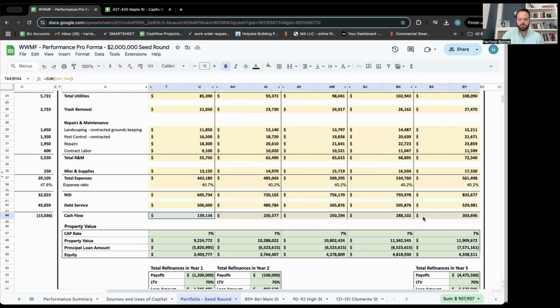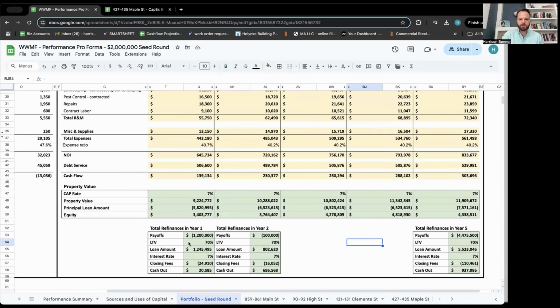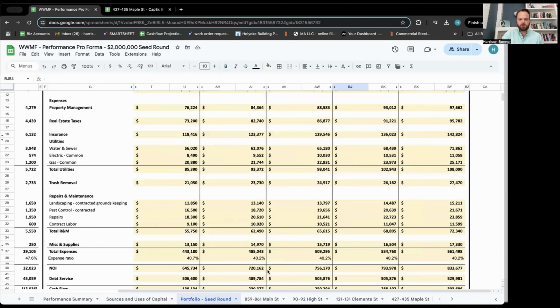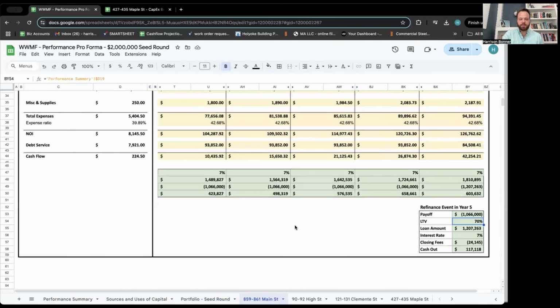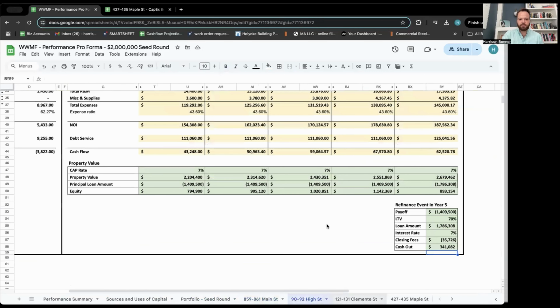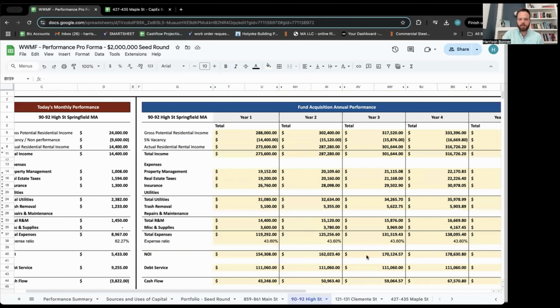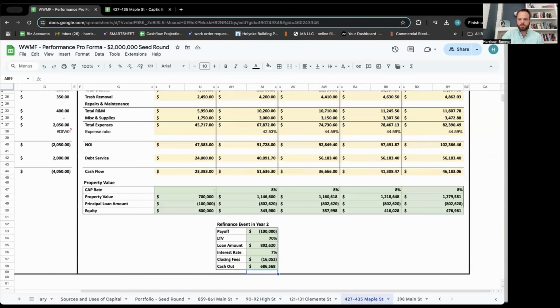They go back to that portfolio summary tab. And then property values, refinances, and the years in which they expect to occur. And then this is all formulated from the individual property pages. So these are tabs for each individual asset and the expected performance and related expenses for those assets.